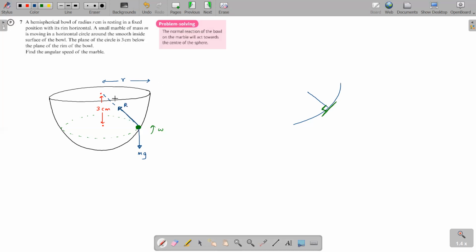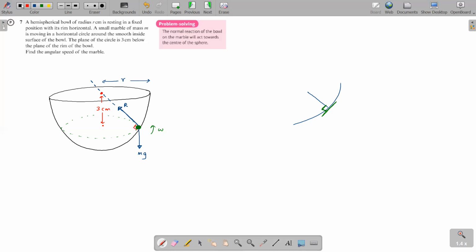This is the normal reaction, and it's really important that you understand the line of action of the normal reaction passes through the center of the hemisphere, because it makes a perpendicular to the surface.